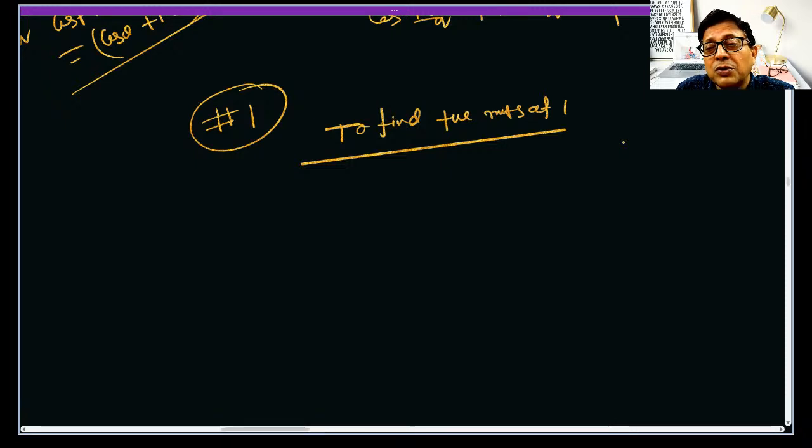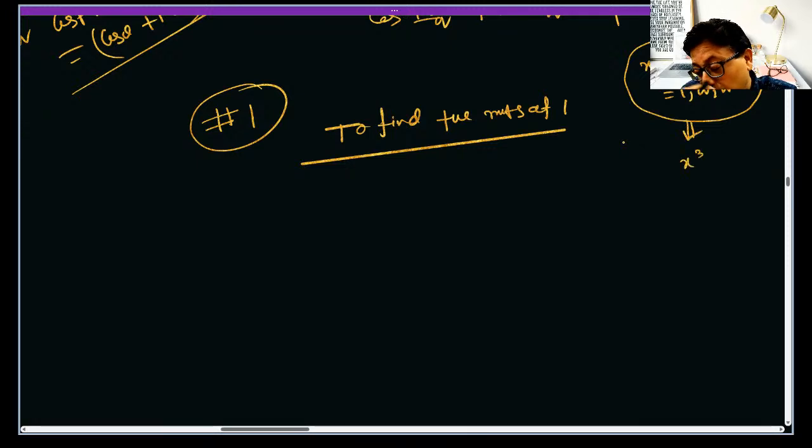Cube root of 1 also we have the experience. If x equals cube root of 1, those are actually 1, omega, omega square. For complex numbers in the complex field we will find roots. It is not square root only. Complex numbers arise from the concept of equations. Otherwise the square root of a quantity is always positive.